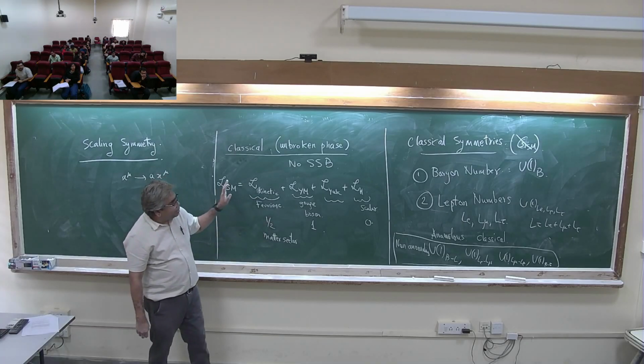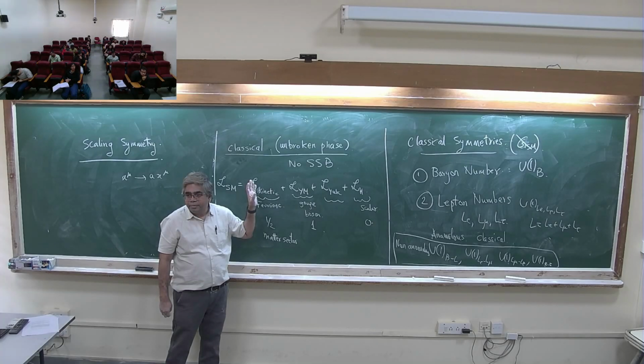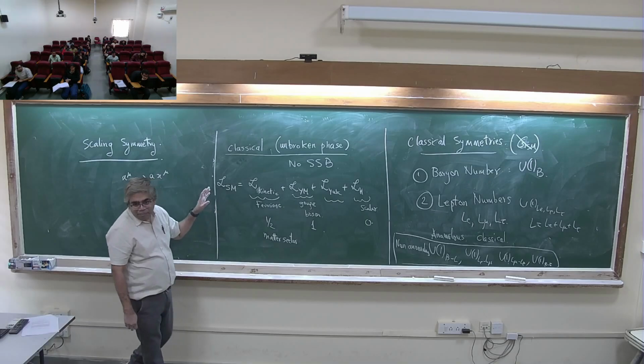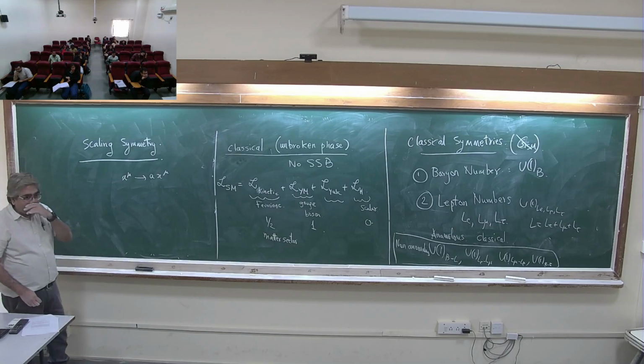Now, in the standard model in the unbroken phase, what is the only mass term we have? Somebody answer. The Higgs mass. Now, in the limit where the Higgs mass goes to 0, the standard model is scale invariant.